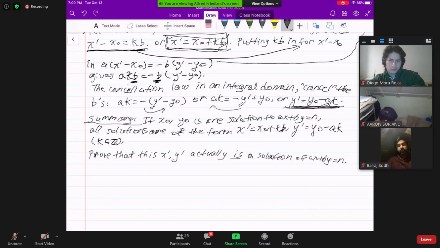What we've done so far is, on the basis of the assumption that there's another solution, if there's another solution, it has to be of this form.